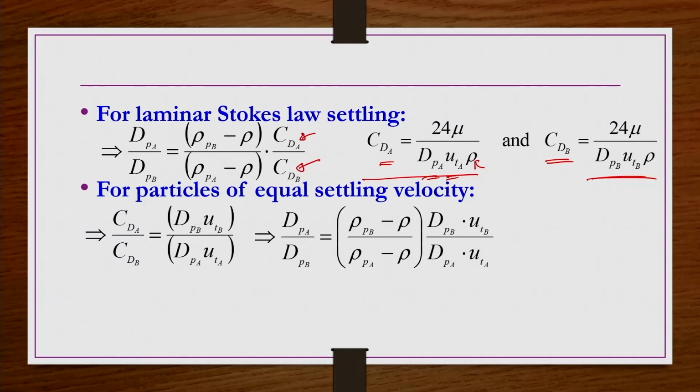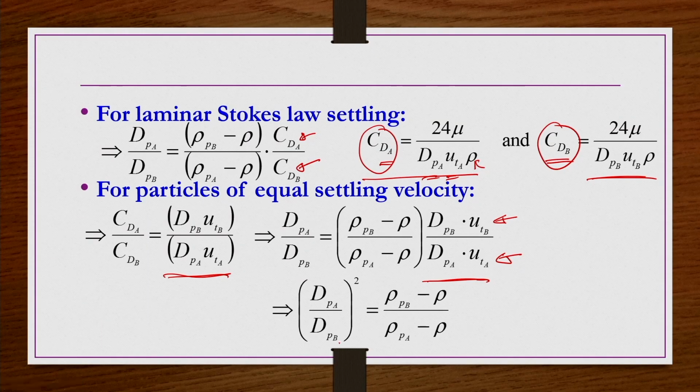From here we need CDA by CDB. CDA divided by CDB, if you do, you will get dPB UTB divided by dPA UTA. So, in place of CDA by CDB, we are now writing dPB UTB divided by dPA UTA. Now, taking dPA to the other side, dPA by dPB whole square is equal to (rho PB minus rho) by (rho PA minus rho), and then UTB and UTA cancel out because these equations are for equal settling velocity.